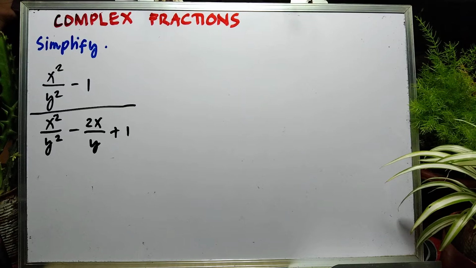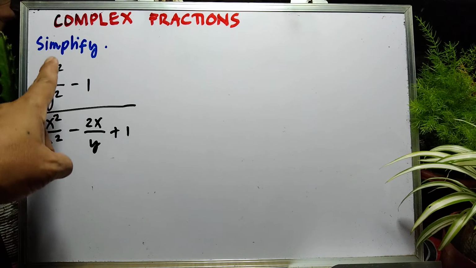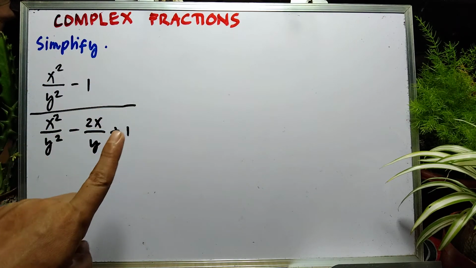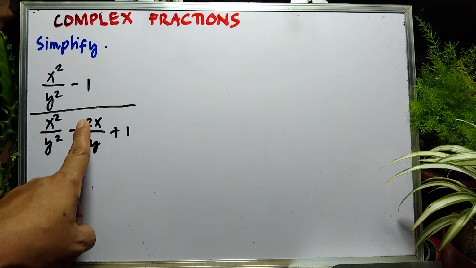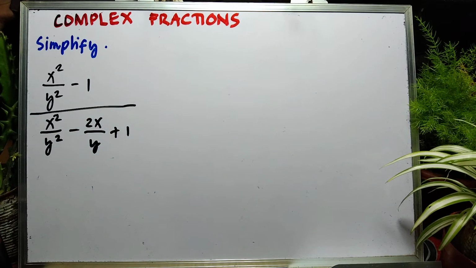Okay? There you go. How do we simplify this? Okay, we assume that this is a fraction minus 1, then a fraction minus a fraction plus 1. Yan lang ang isipin natin.